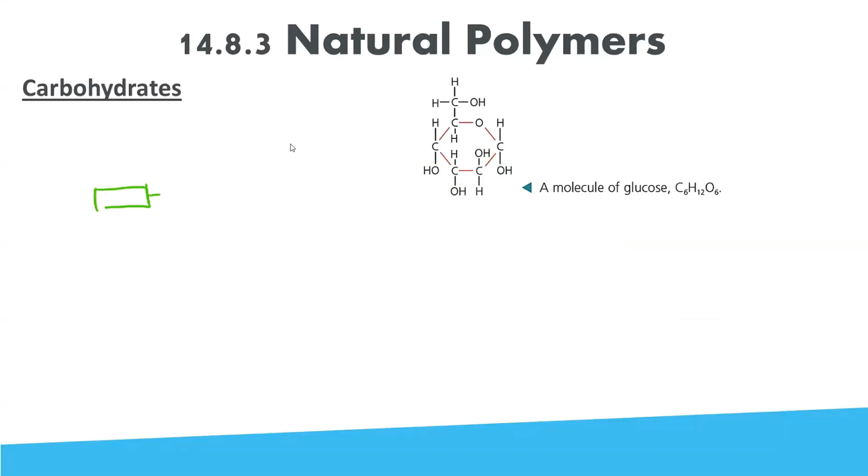What is the functional group here? Can you guess? There are 1, 2, 3, 4, 5 functional groups. OH, exactly. So we take everything else inside the box and we take OH. So a simple sugar molecule or glucose molecule can be represented in this manner.